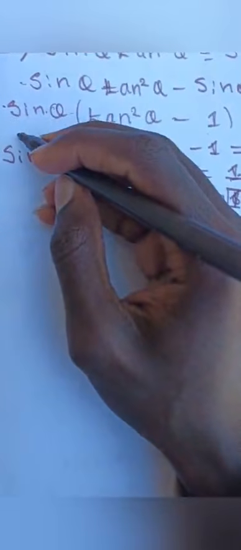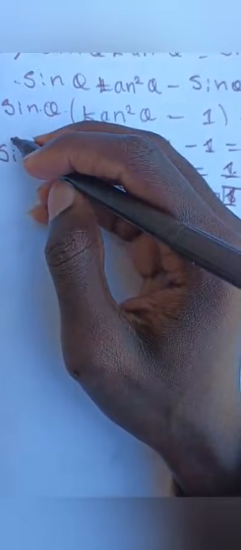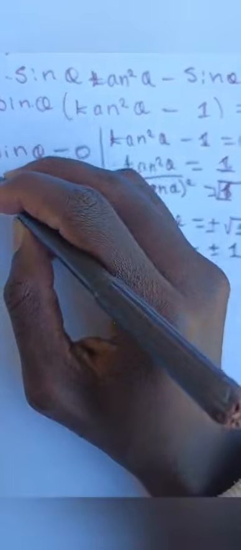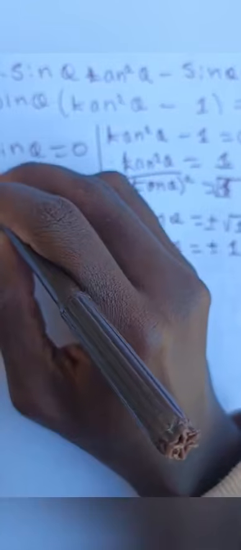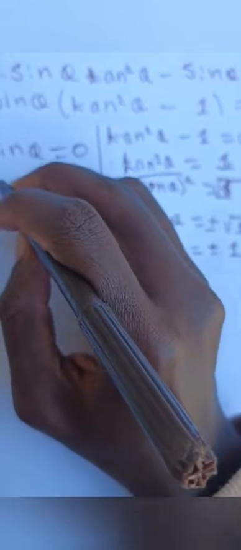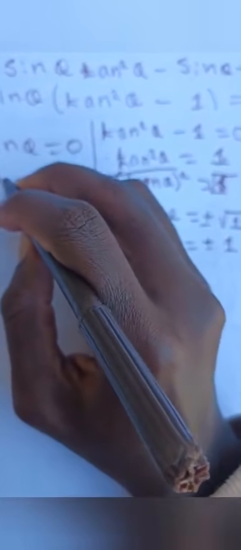So let's start here. When does sine give us 0? Sine gives us 0 when theta is 0. So the first solution we are finding is 0.